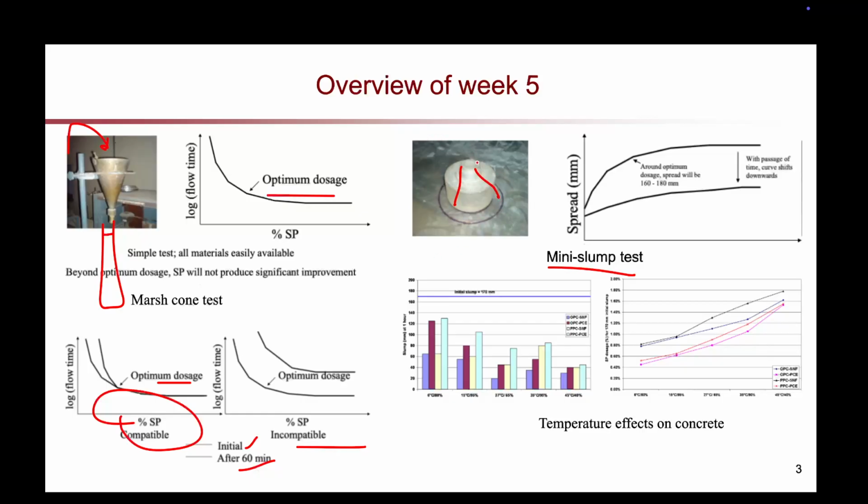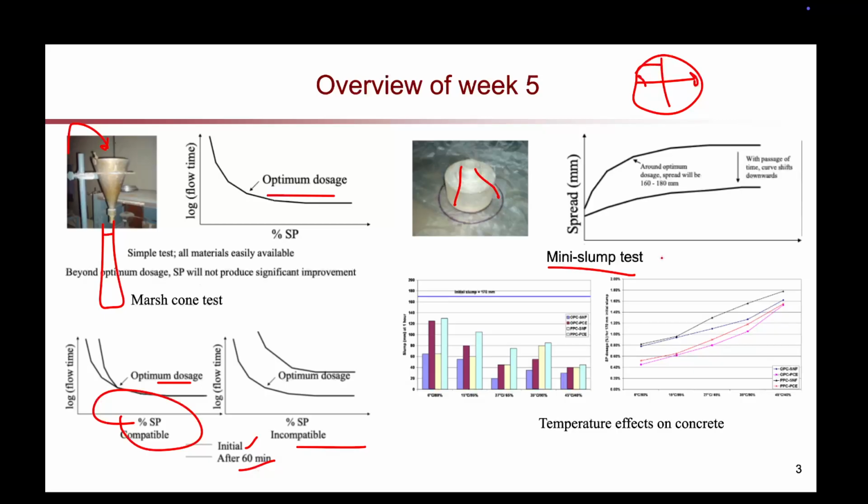You pour the cement paste mix, lift it up like a normal slump test, and calculate the spread value. If it is circular, you take 2-3 values in this way, and that gives you the spread in mm.